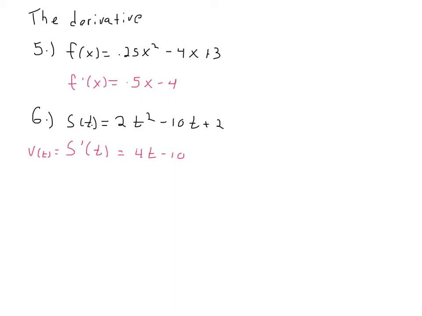Okay, so now I want to look a little bit more closely at how we kind of got these derivatives. And eventually I want to come up with what is known as the power rule. So if I look at this, here I have an exponent of 2.